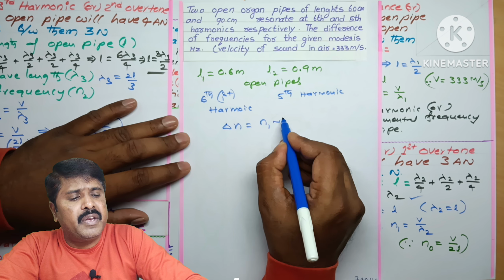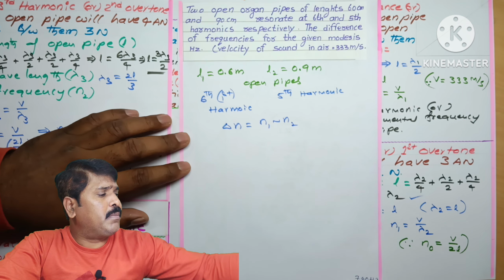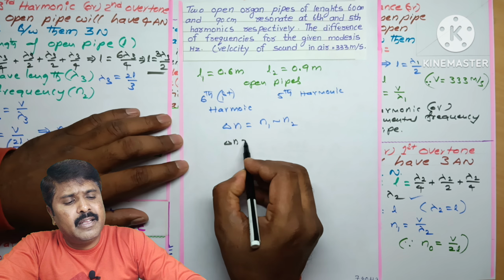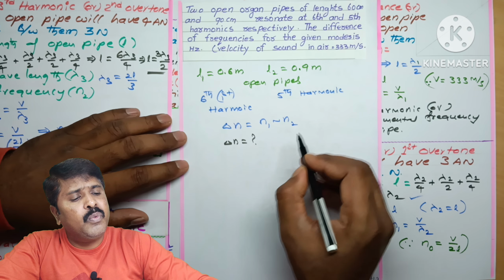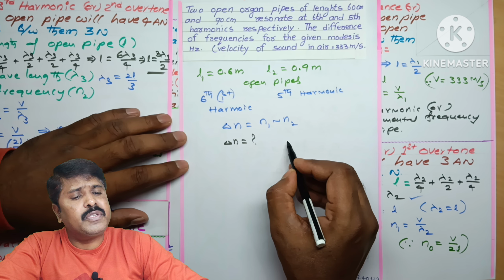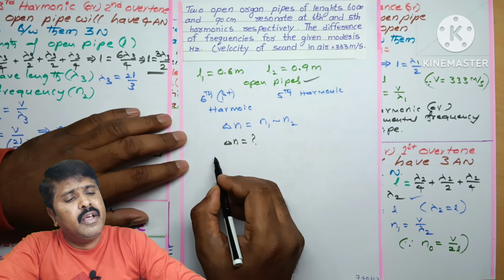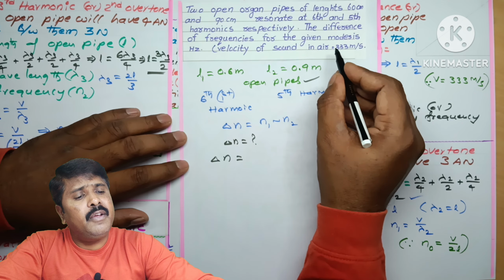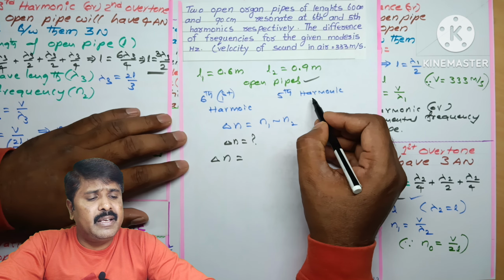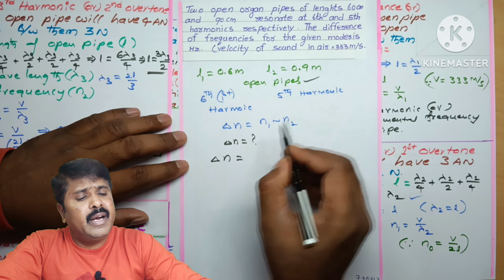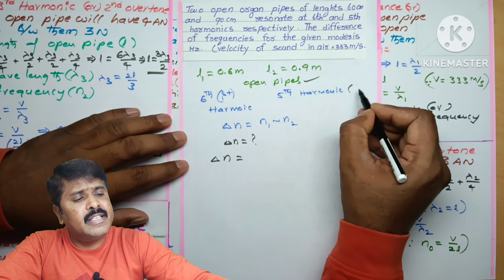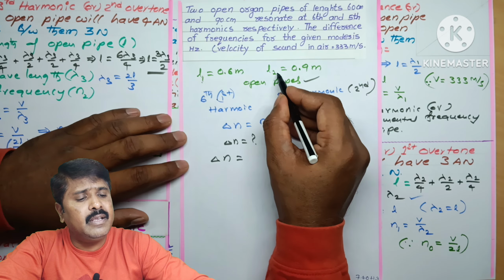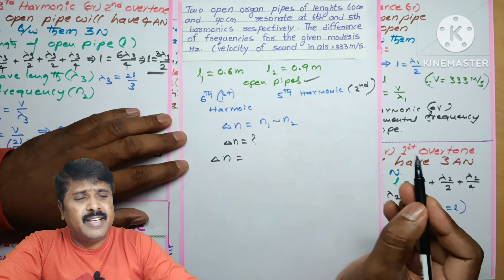The difference of the frequency is asked, student. The frequency difference is delta n, which is equal to n1 minus n2, the basic formula. In this I am replacing the values. Delta n is asked in the question, so n1 and n2 are replaced with the values from the open organ pipe. Both are harmonics given, so this is the 6th harmonic for the first length and first frequency, and this is the second length and second frequency.